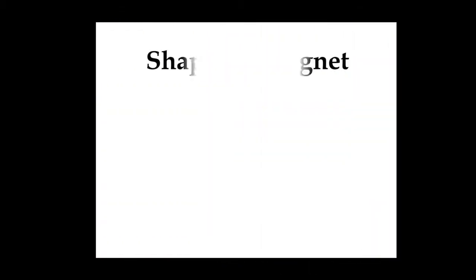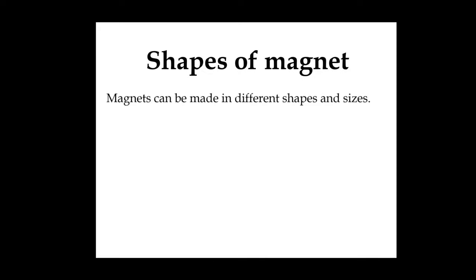Now let's see about the shapes of magnet. Magnets can be made in different shapes and sizes. What are they? Look at here. First one, this is the horseshoe magnet.